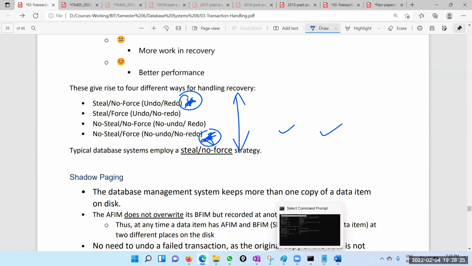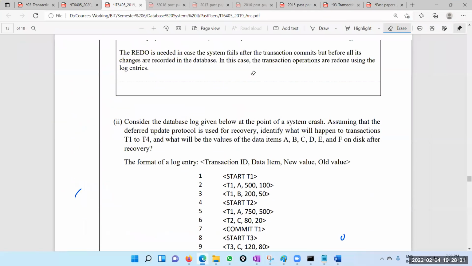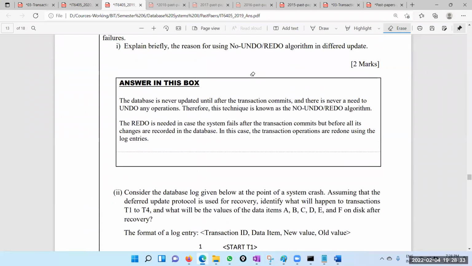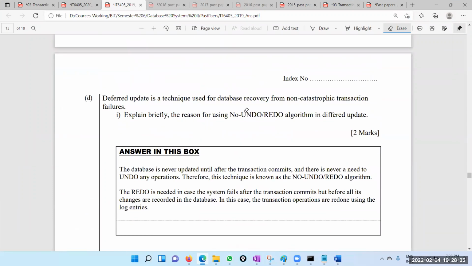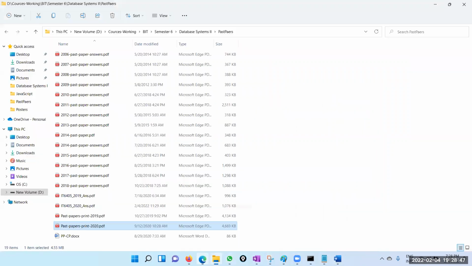Let me check what the question is. Explain briefly the reason for no undo redo algorithm in deferred update. So the question has mentioned no undo redo.